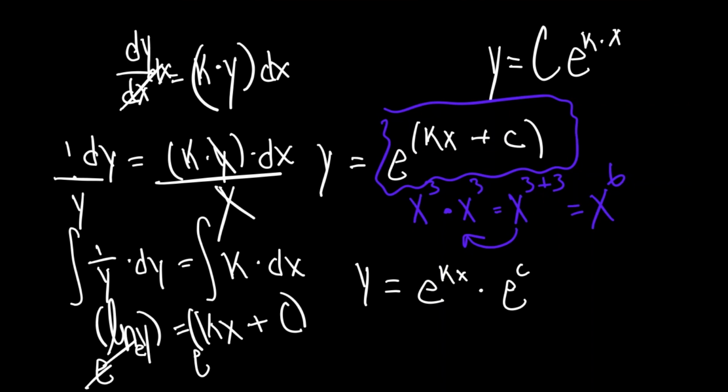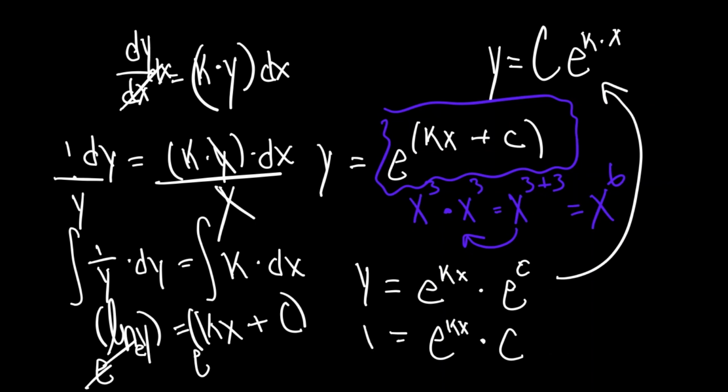You can see how these equations are really similar. Well, they are the exact same thing. However, you need to recognize that c is a constant, so e to the c is also just a constant, and you can simply rewrite it as c. That's just how it works. So you have e to the power of k times x, times c, equal to y.